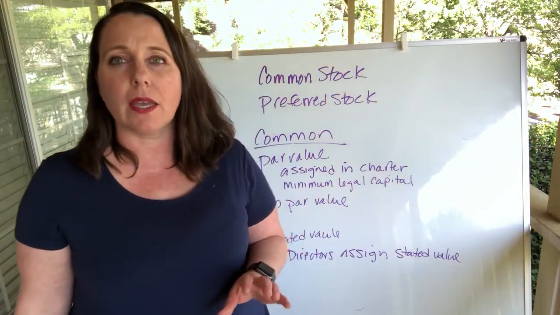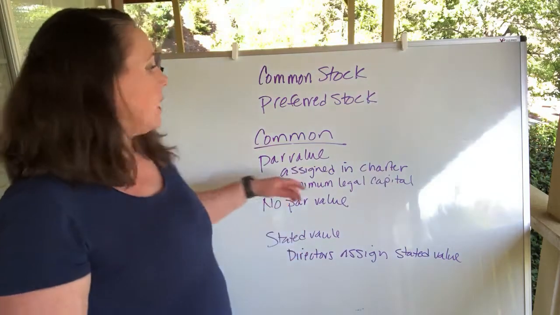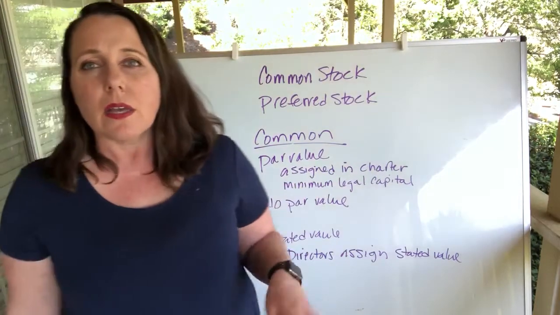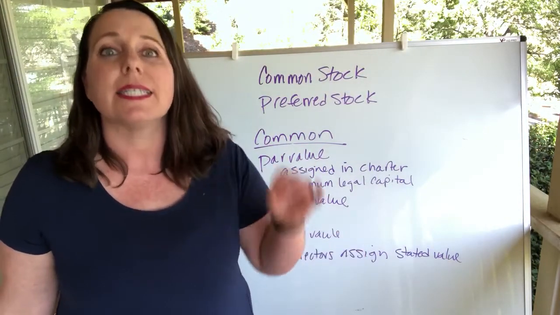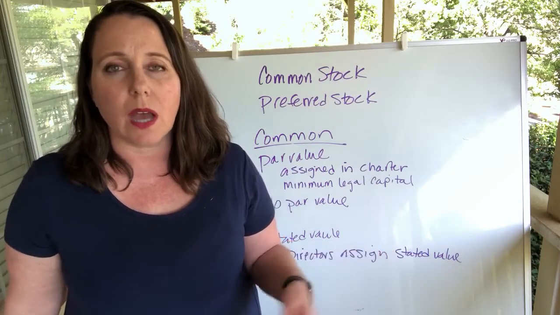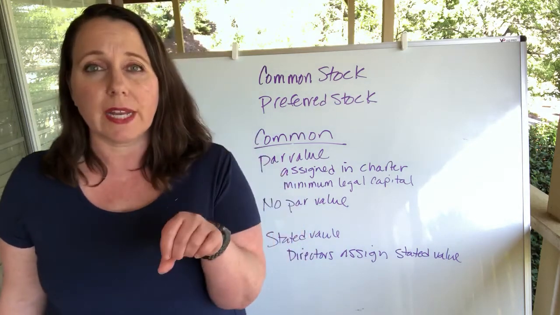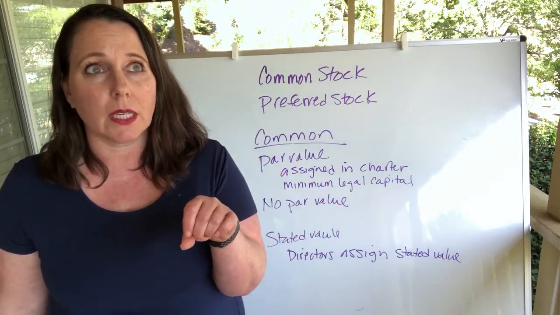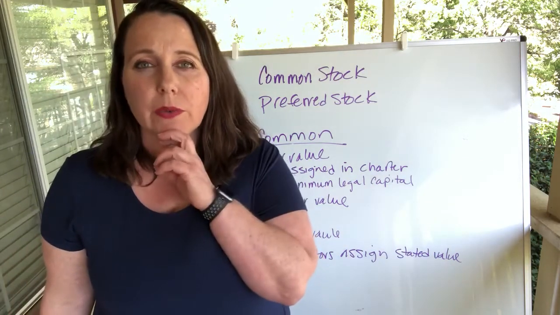So when I apply to incorporate in whatever state I'm doing that in, I say, hey, I would like to be authorized to sell 10 million shares of $1 par value common stock, $2 par value common stock. If you look in your financial statements on the balance sheet, it should tell you what the par value is.